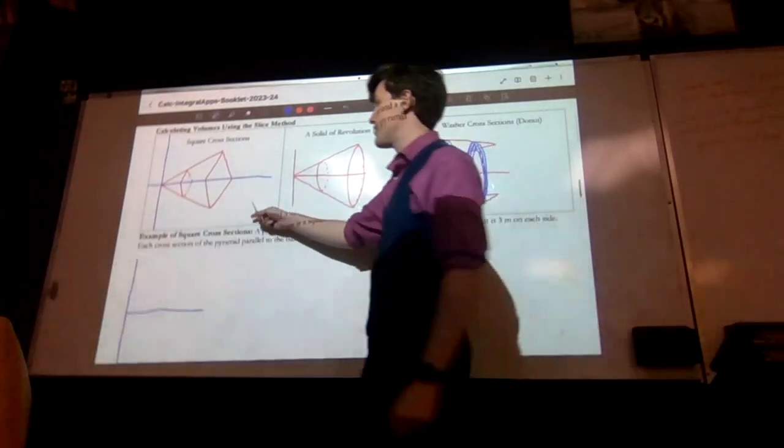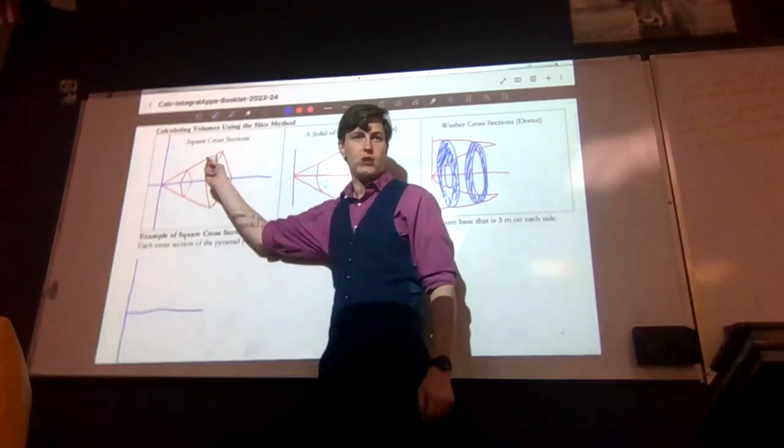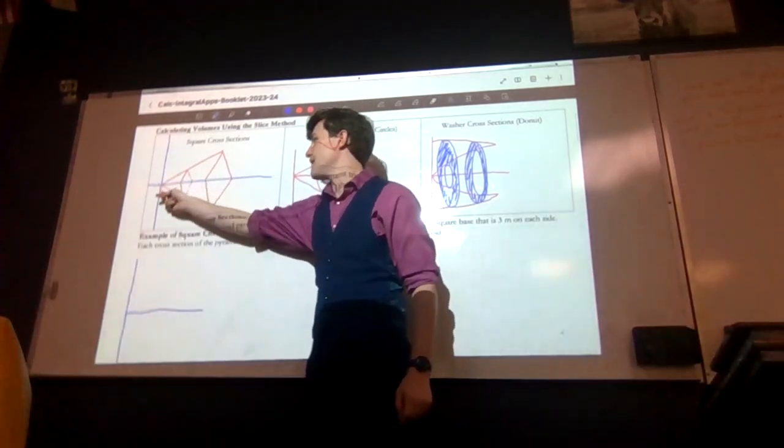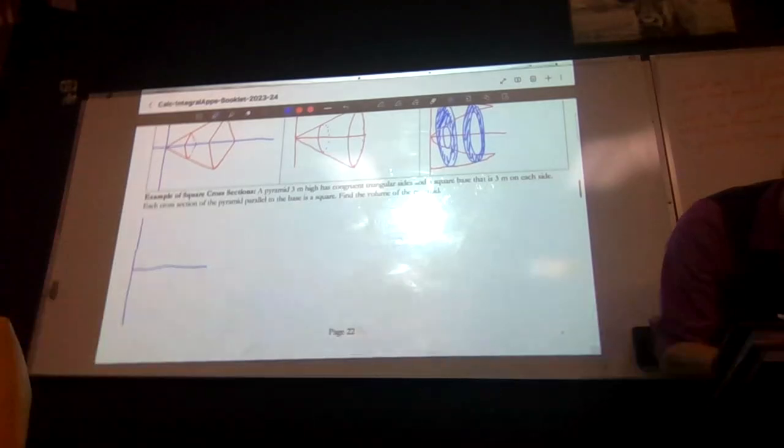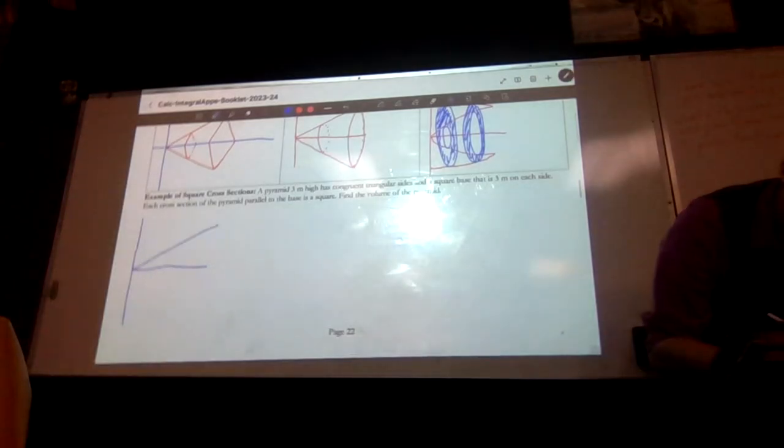We used squares and we used a linear function. So I'm going to do the same down here. I'm just going to draw this out like so, and I'm going to give it a square base.